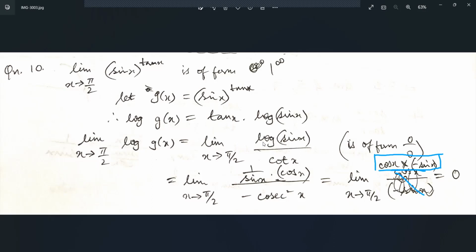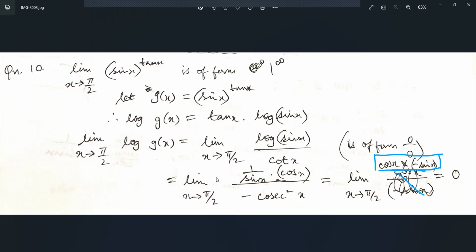Now sine of pi by 2 is 1 and log of 1 is 0, and in the denominator, cot of pi by 2 is 0. So this is the form 0 by 0, and now we can apply the L'Hopital rule.